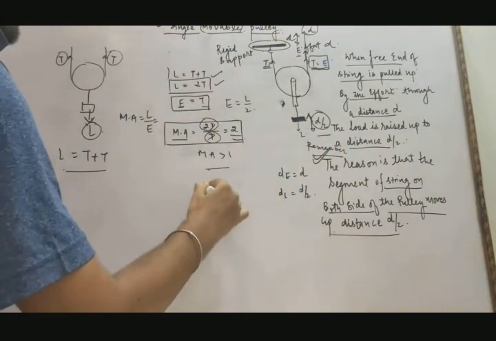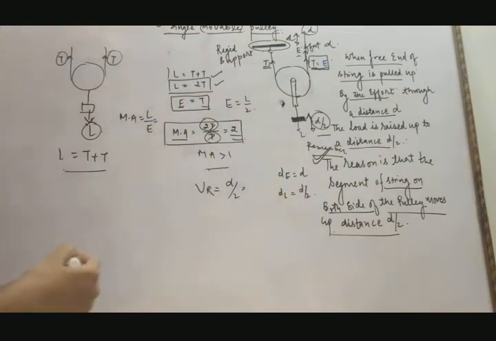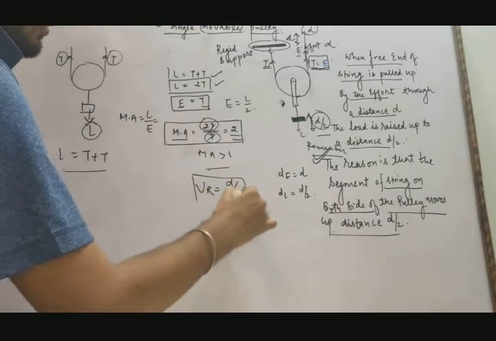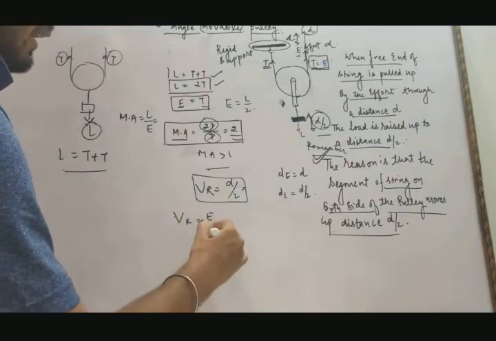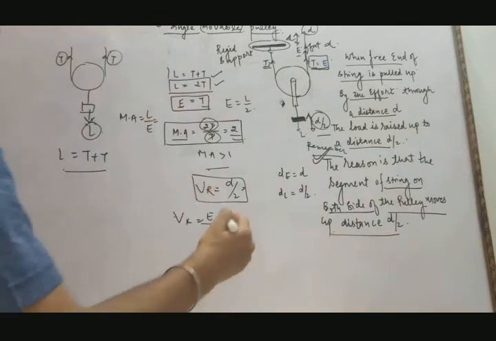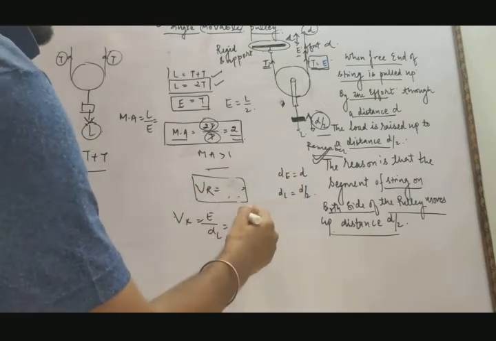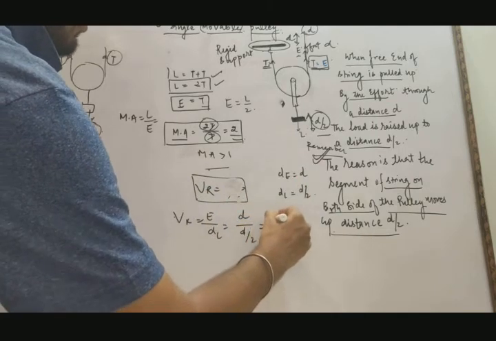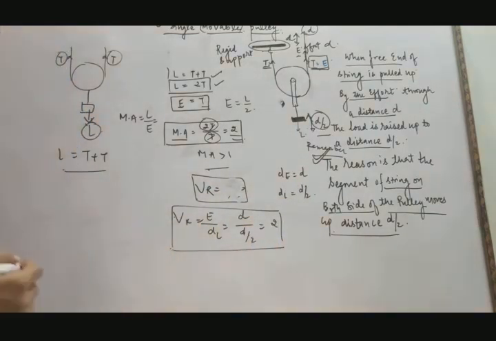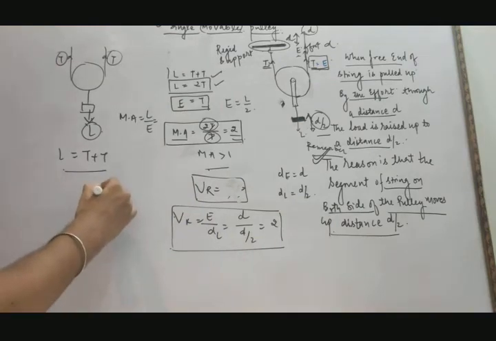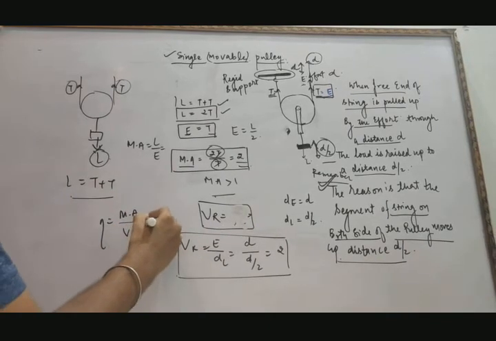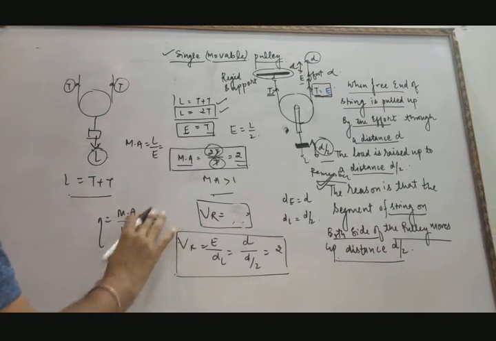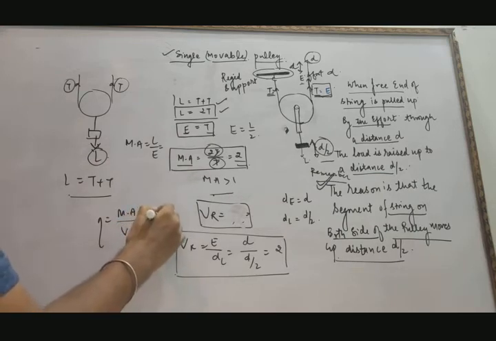So what will the value of the velocity ratio be? Velocity ratio equal to the distance moved by the effort to the distance moved by the load. Here the distance moved by the effort is d, and the distance moved by the load is d by 2, so the value of the velocity ratio equal to 2. Now the efficiency equal to mechanical advantage upon velocity ratio into 100, that is 2 by 2 into 100.